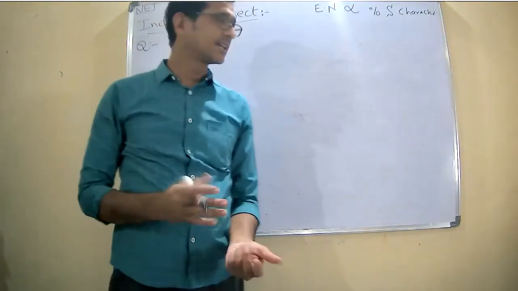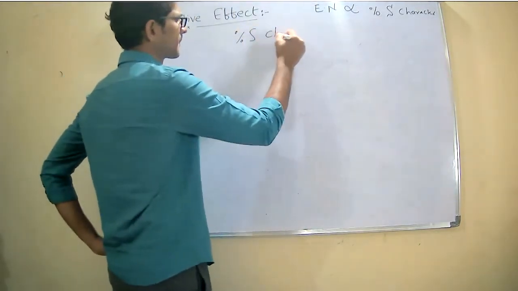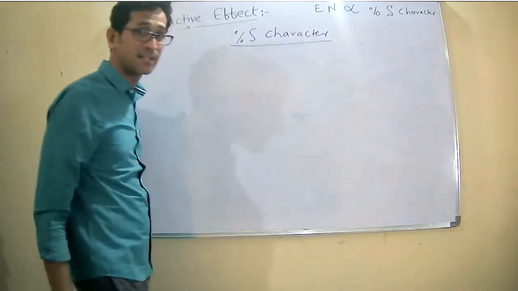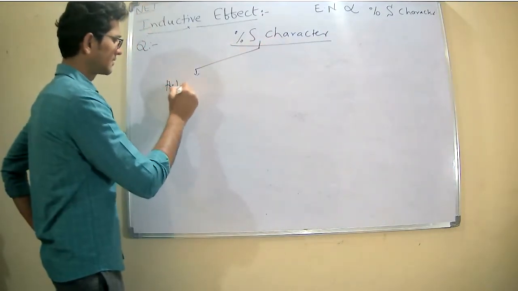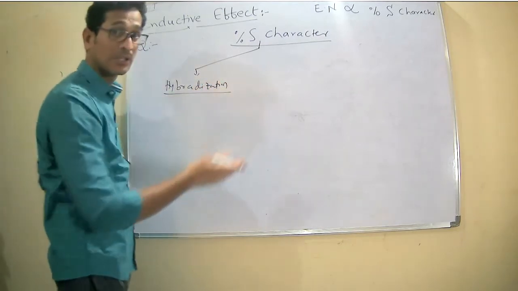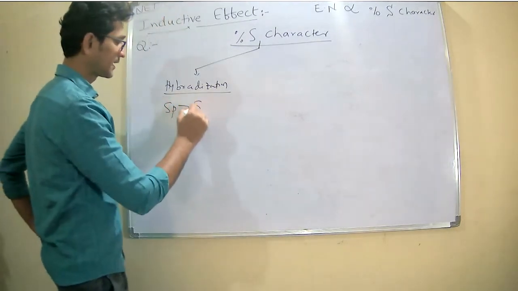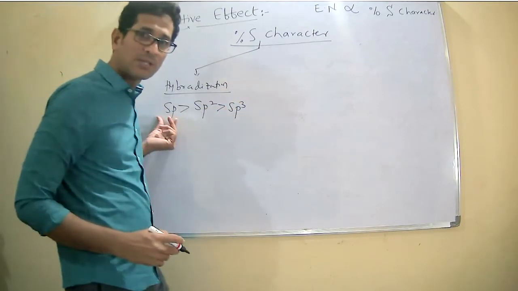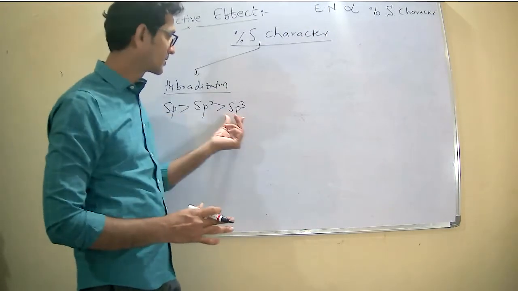So we can decide based on the percentage of S character and hybridization. Which hybridized molecule is more electronegative? sp, sp2, sp3. The molecule with sp hybridization is more electronegative.